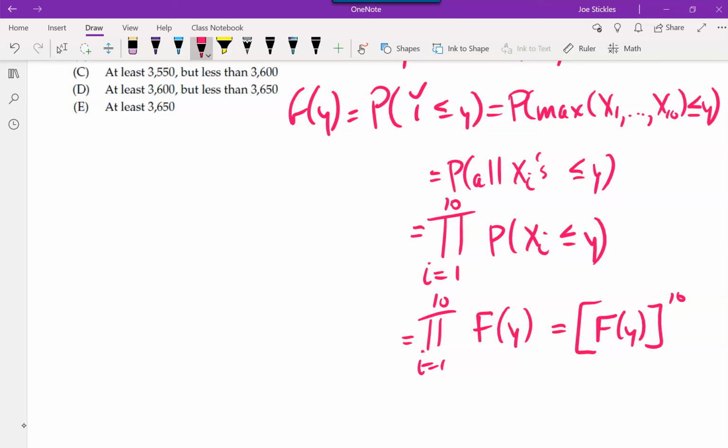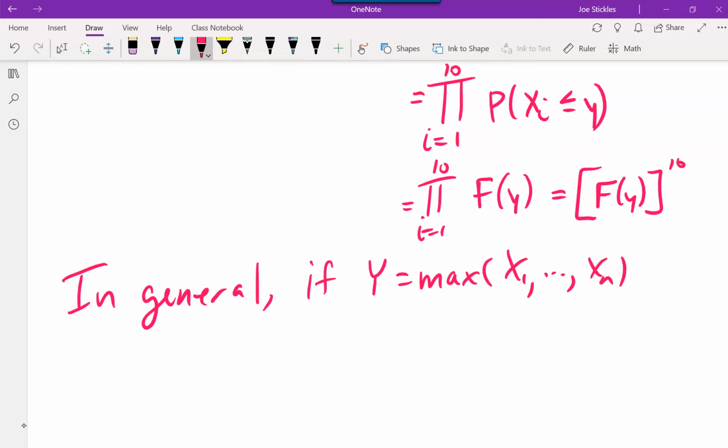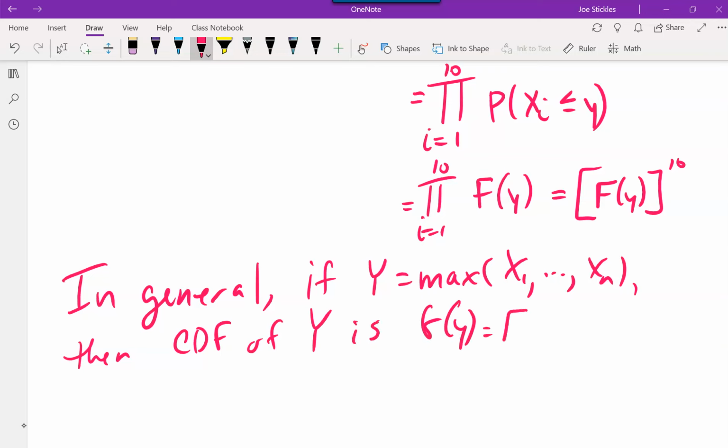So in general, to write this down as a general idea again, in general, if capital Y is the maximum of a random sample, then the CDF of capital Y is just going to be G of y equals capital F of y to the n. That's pretty straightforward, right? That's not bad, is it?